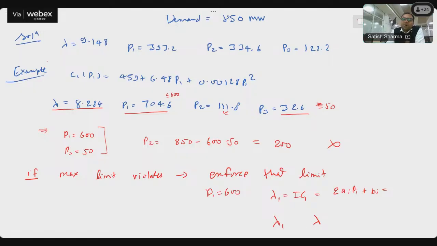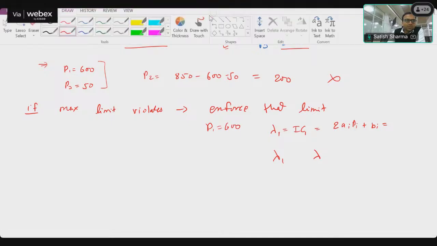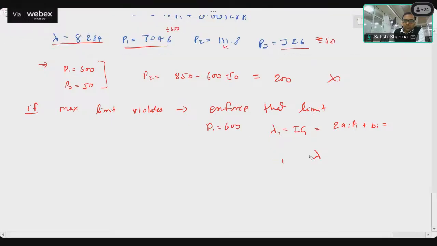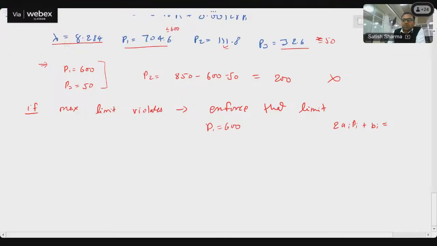Now, if I reduce the power, just see here, this was equal to lambda, roughly around 8.2 and something, and this P was roughly around 704 and 6.